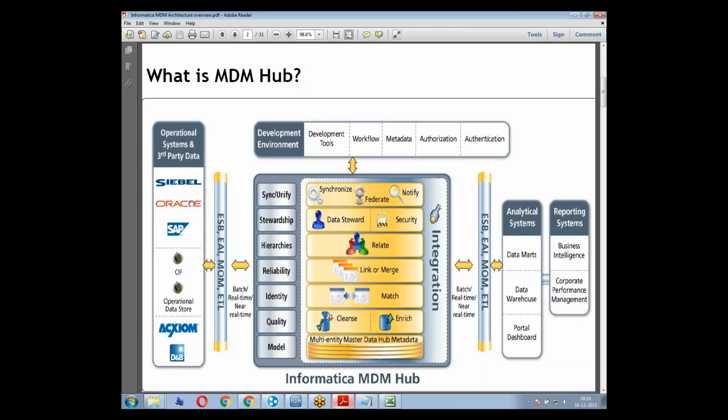So how does the interface work? How will this source system communicate with this MDM? I already told you that it will basically be through ETL. Now I'll put more light on this. There are two modes of communication: one is a real-time mode, another one is a batch mode.